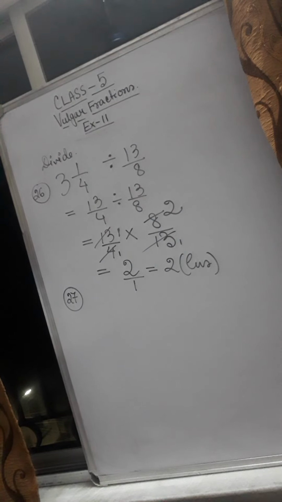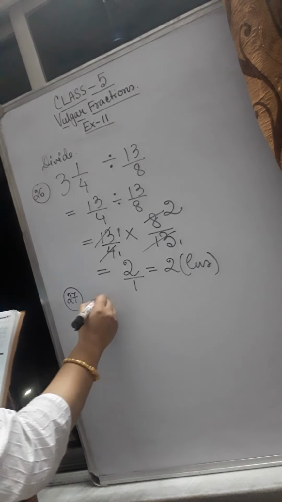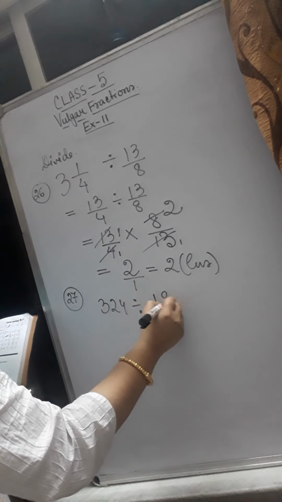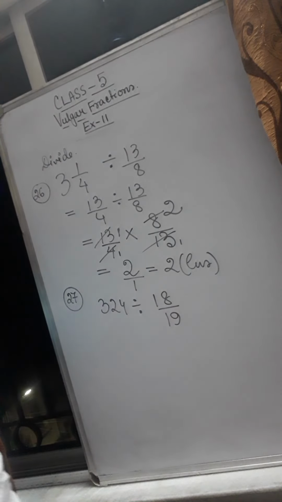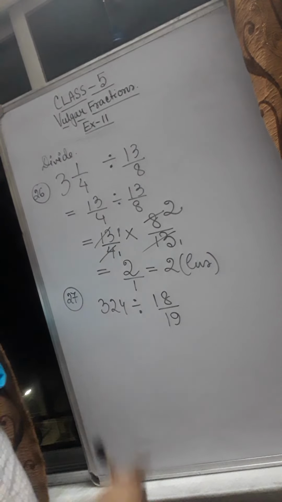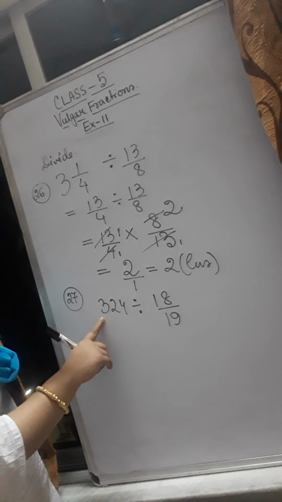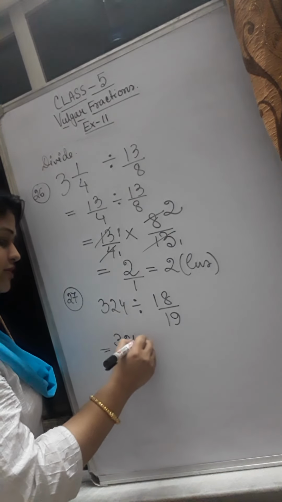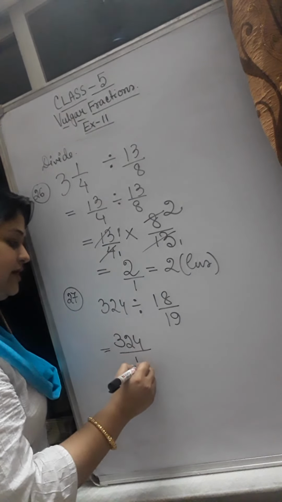Now just like sum number 26, sum number 27 is 324 divided by 18 by 19. Here you can see a whole number is given. How to convert it into a fraction? Only by dividing it with 1.